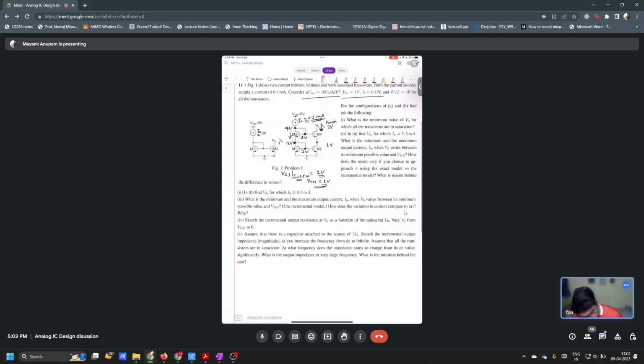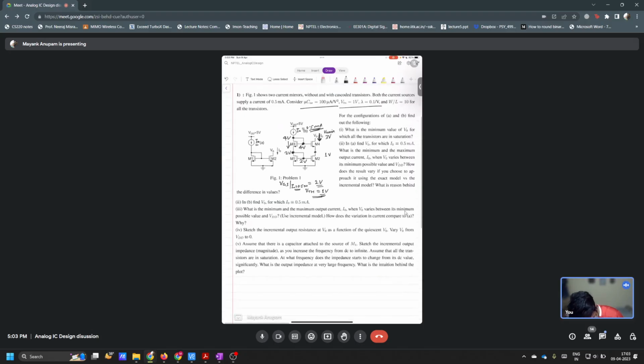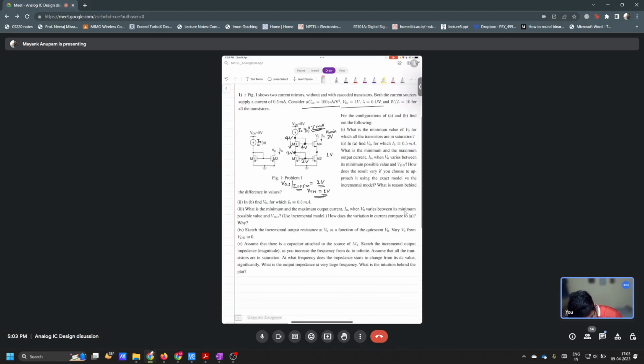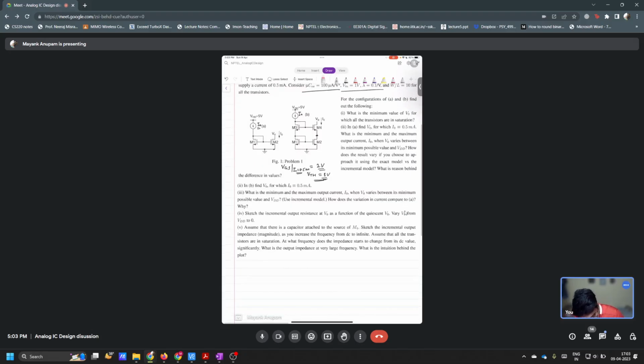Fine, now just a small change. So this was about the range here. Okay, what is the minimum and maximum? So let's clean this up and do something else. Now assume that there is a capacitor attached to the source of M4.